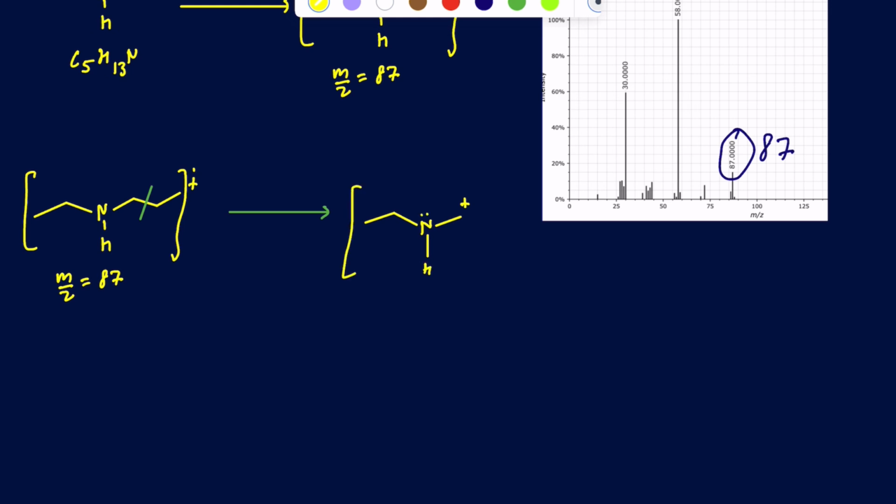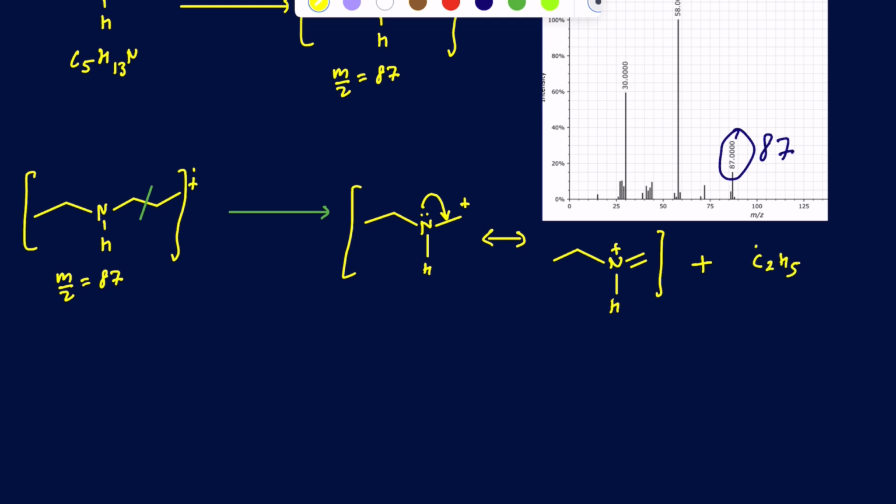The reason we can get and stabilize a carbocation here is resonance. This can resonate, and I make a structure that has all octets completed. Remember, a resonance structure with all octets completed is going to be very stable.